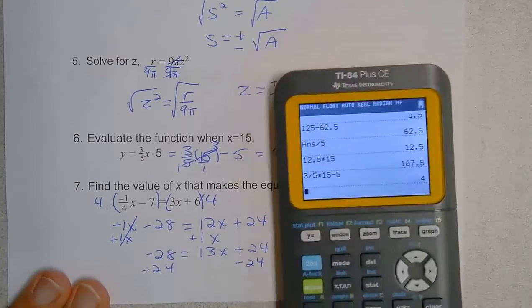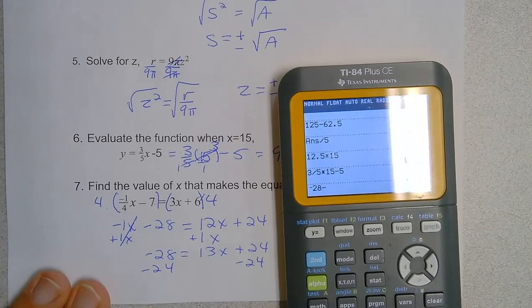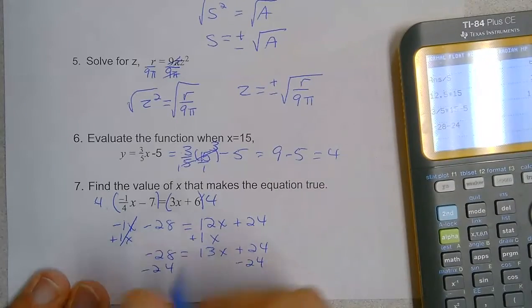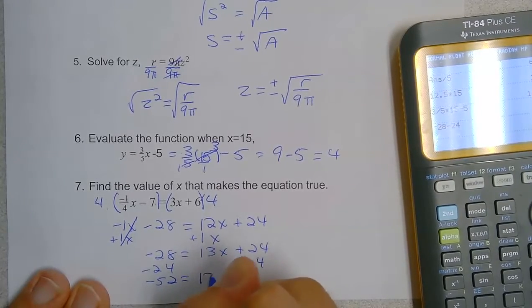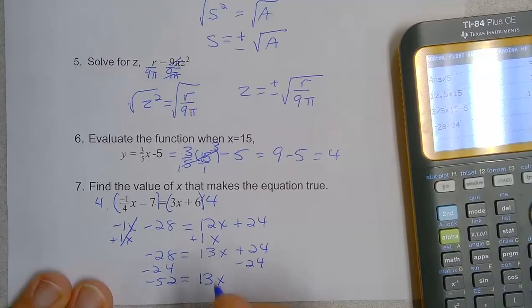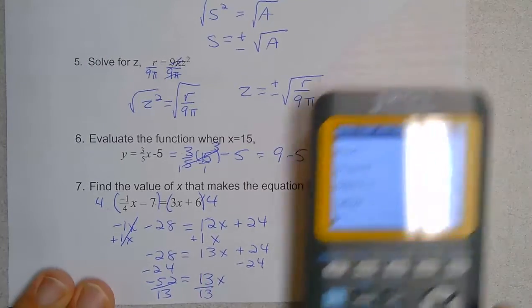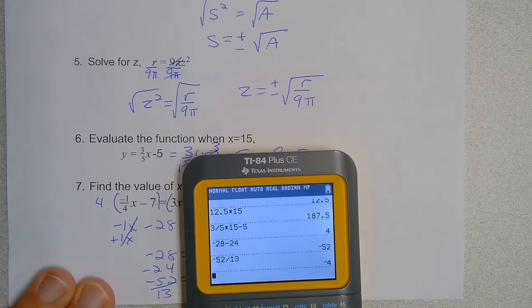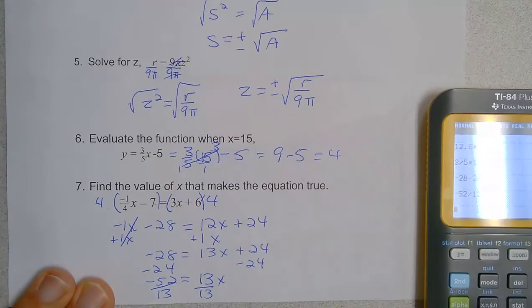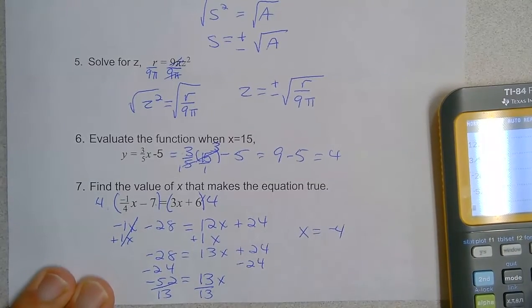And when I add those, negative 28 minus 24 is negative 52. And that equals 13x. So then you divide both sides by 13. And you have negative 52 divided by 13. And that would be negative 4. So here, x equals negative 4.